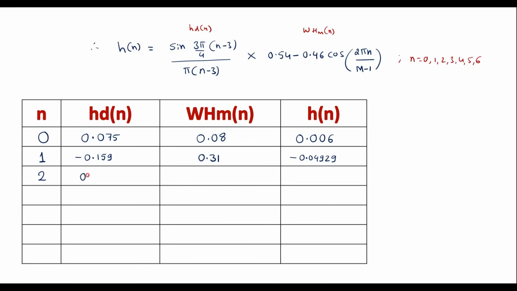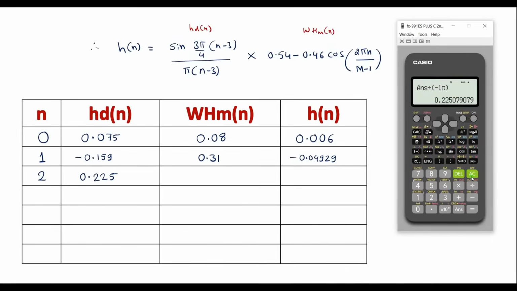That is 0.225. So here it is 0.54 minus 0.46 cos of, we have n equal to 2, that is 4 pi divided by m minus 1, which is 6.